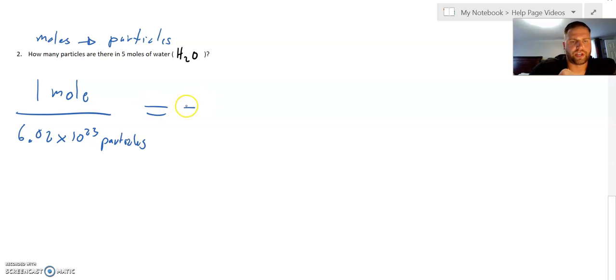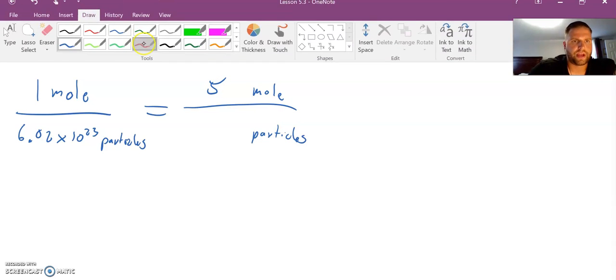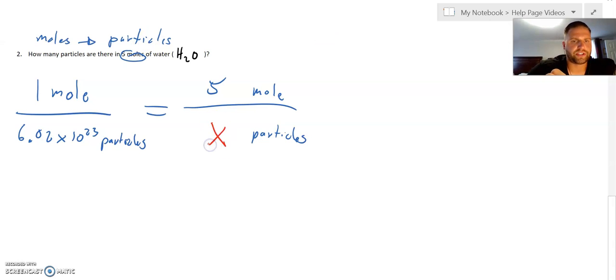And remember, when you set that equal, put the units the same in the numerator and denominator, so mole and particles. What we have is 5 moles as a given, so we'll put a 5 at the top, and what goes in the bottom is our x. What we are solving for is the amount of particles that is equivalent to 5 moles.